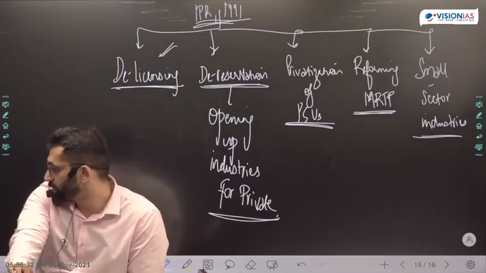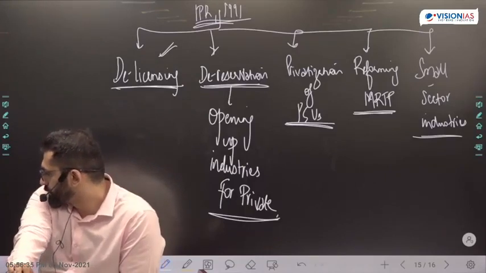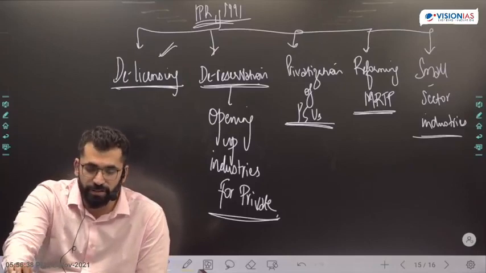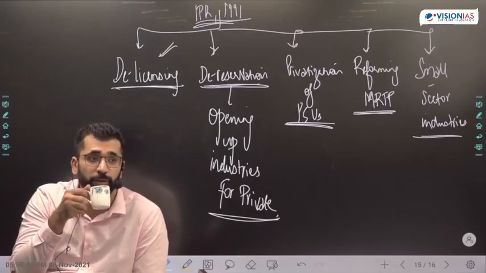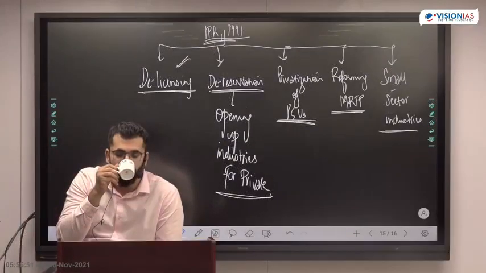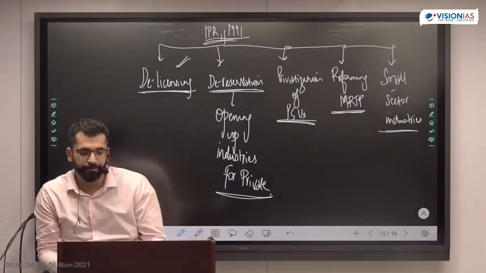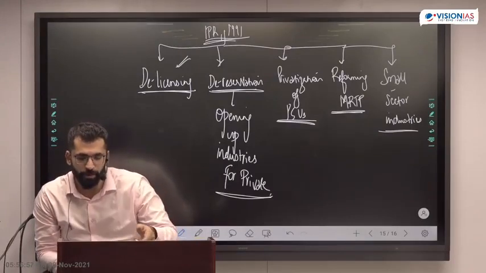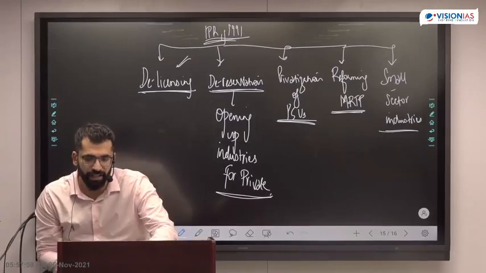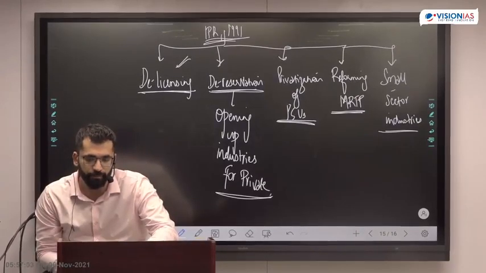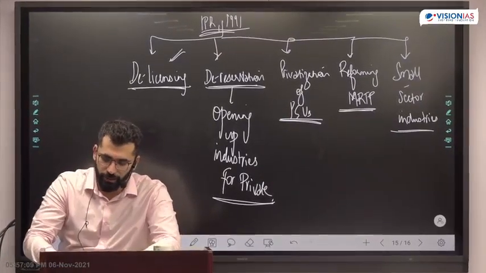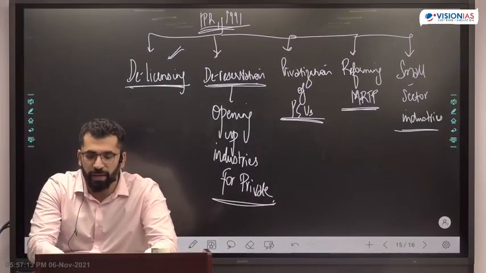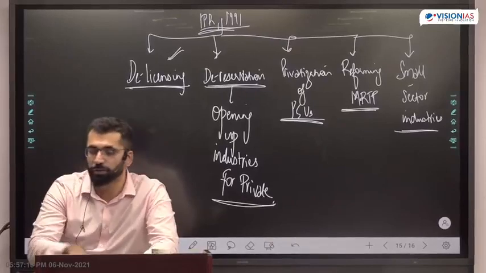The Industrial Policy Resolution 1991 aimed to create an environment for a progressive economy, making use of the market to foster industrial growth.